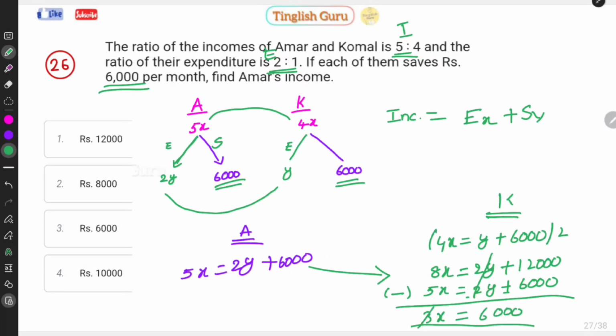So 3x is equal to 6,000, means x is equal to 2,000. So finally, we know the value of x. What they asked to find is Amar's income. Amar's income is 5x, so nothing but 5 into 2,000. That is 10,000. So value of Amar's income is option 4, 10,000.